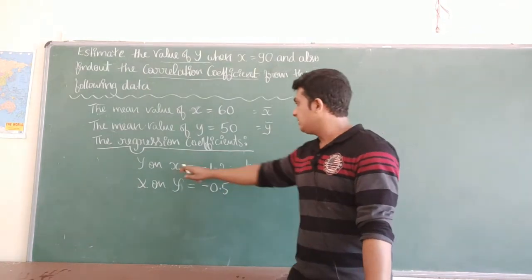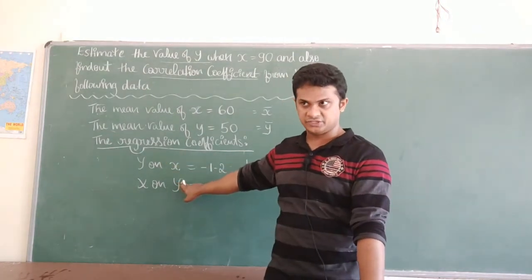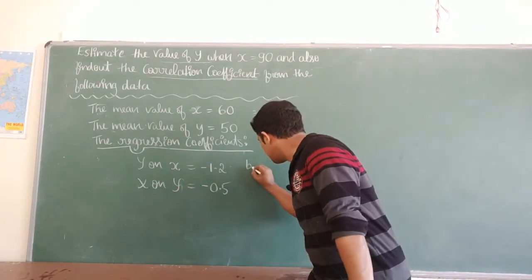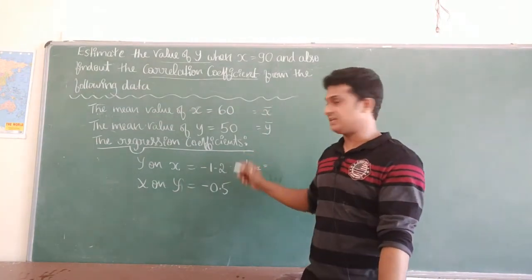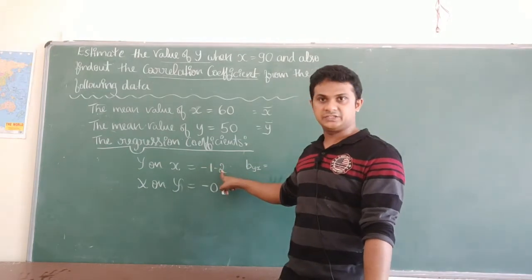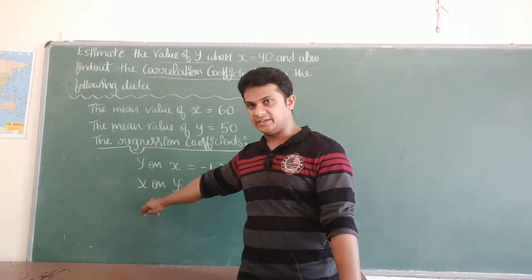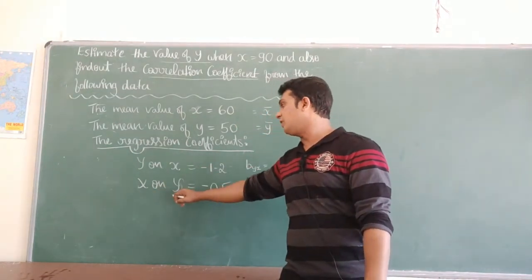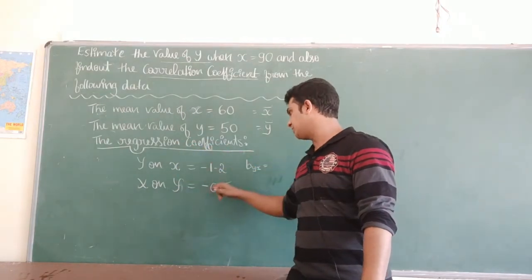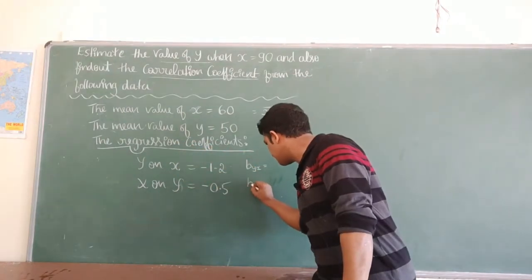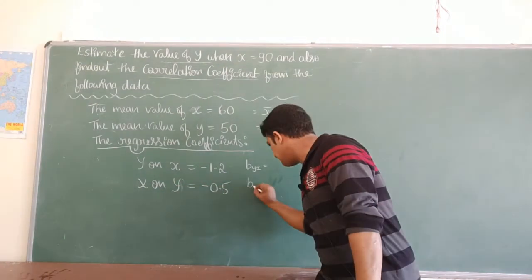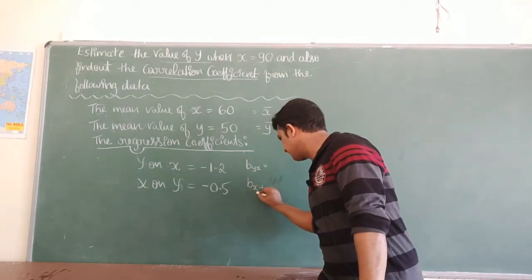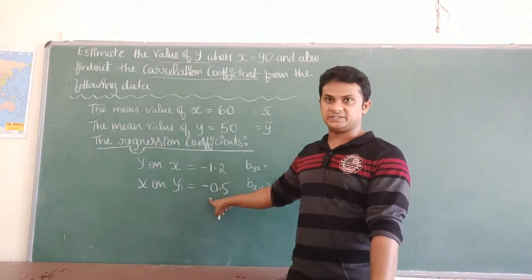So here the regression coefficient of y on x, which means it is b of yx, correct? b of yx is minus 1.2. Next they have given the x on y regression coefficient. So again we represent the regression coefficient as b. If it is x on y, we write b of xy, right? Which is equal to minus 0.5.